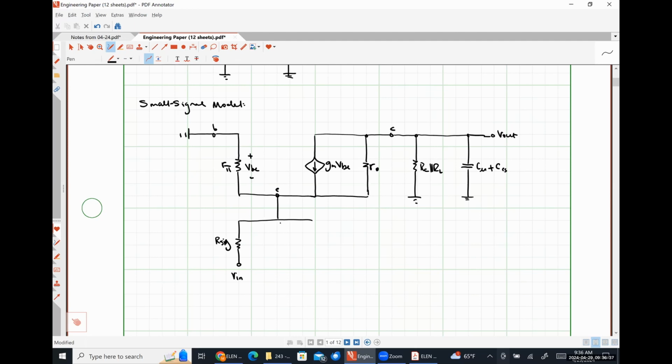And then between my emitter and ground, I should have that resistance RE. And then between my emitter and ground, I should have a capacitance C pi. So before we make any modifications to this, how are we feeling about this representation? Anything seem odd or untoward?